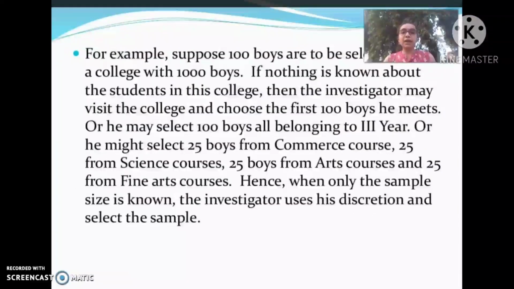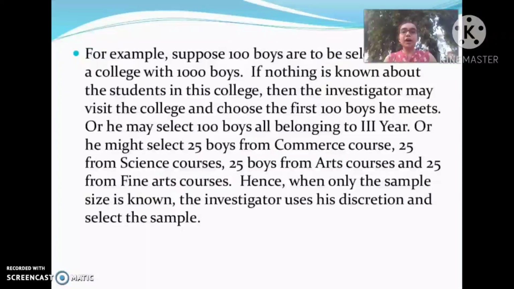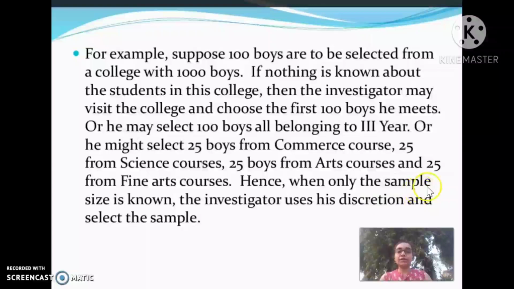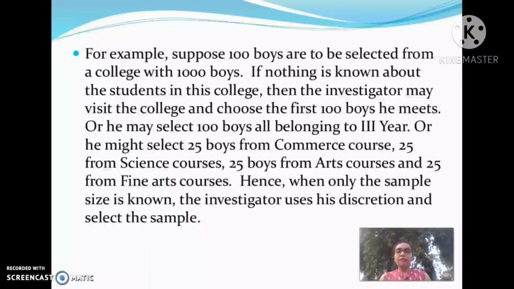For example, suppose 100 boys are to be selected from a college with 1,000 boys. If nothing is known about the students in this college, then the investigator may visit the college and choose the first 100 boys he meets, or he may select 100 boys all belonging to third year, or he might select 25 boys from commerce, 25 from science, 25 boys from arts and 25 from fine arts courses.